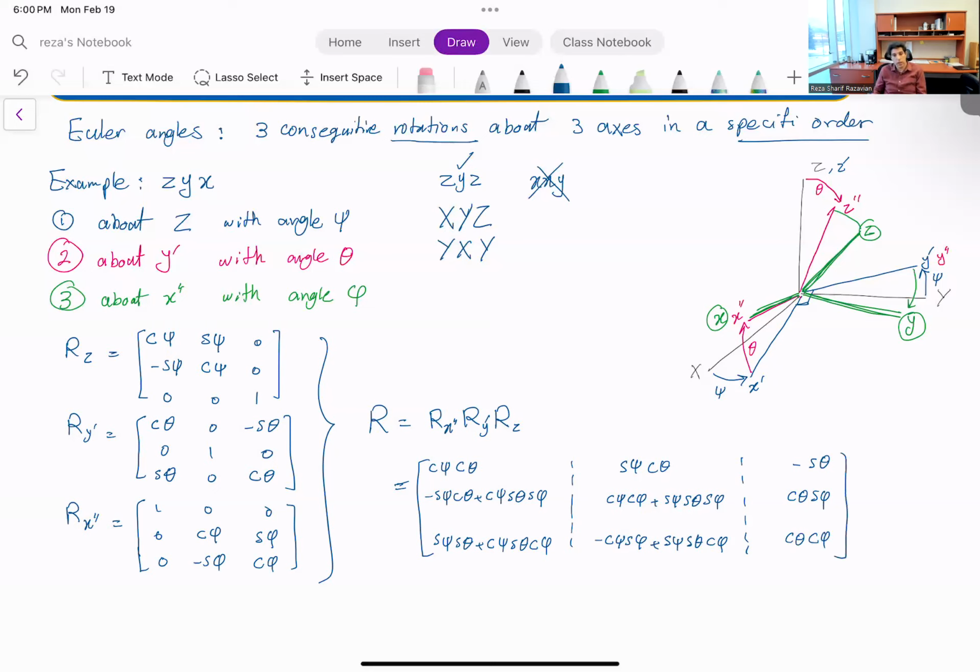So this is the rotation matrix associated with the Euler sequence ZYX with the angles being psi, theta, and phi.